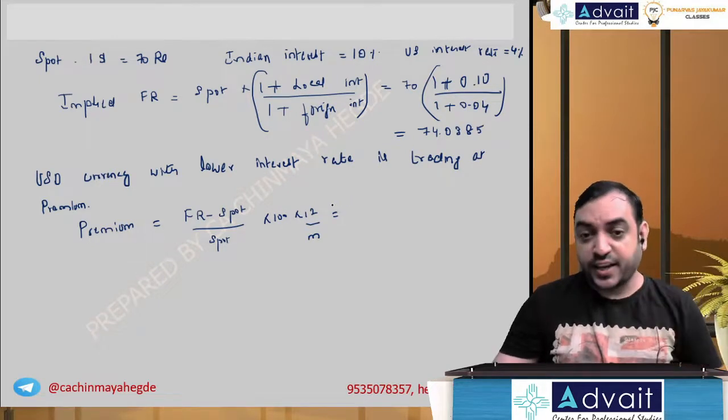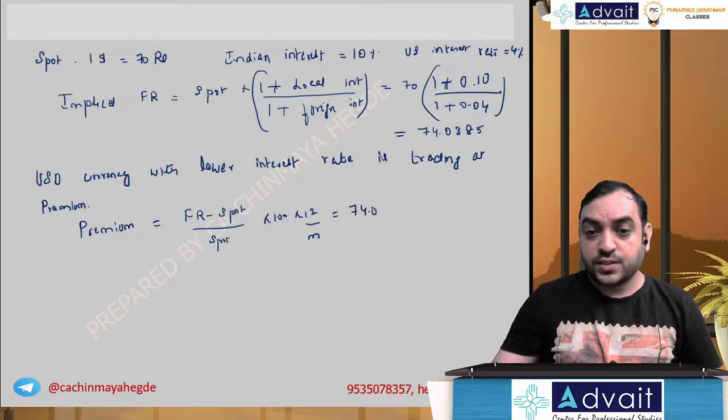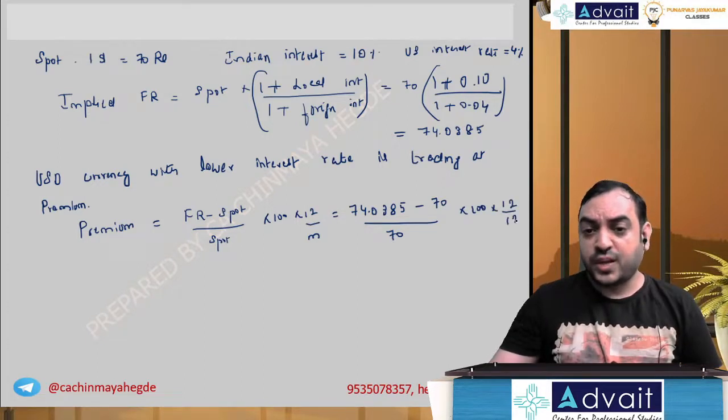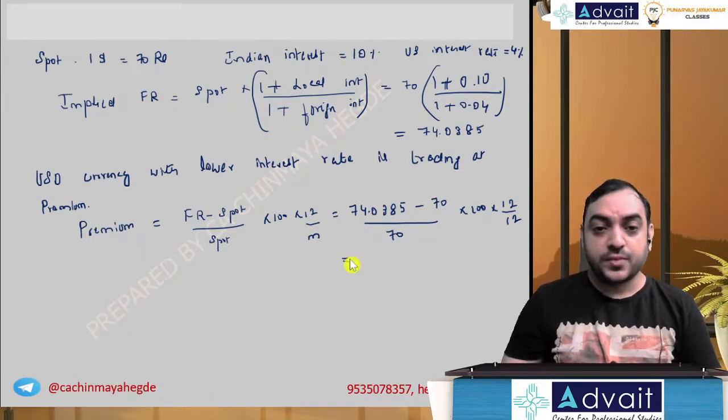So 74.0385 minus spot rate 70, by 70, into 100. This is on a per annum basis, so the 12 by 12 you don't have to multiply. So you get 5.7693, or 5.77%.